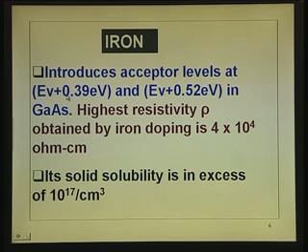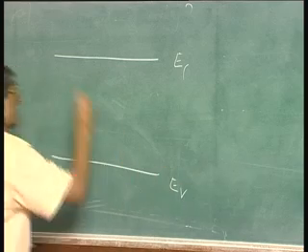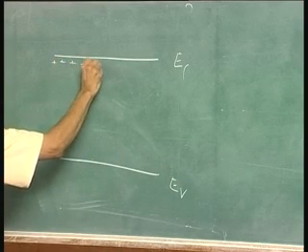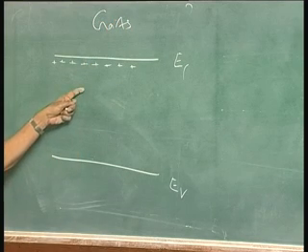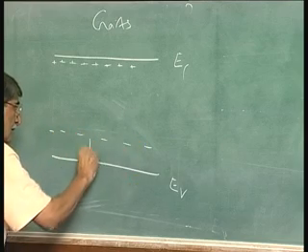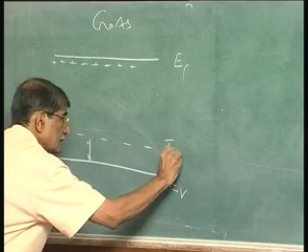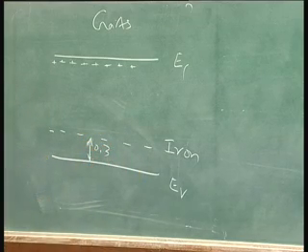Supposing I take gallium arsenide, with EC and EV, I have donors, gallium arsenide unintentionally doped. I introduce an acceptor somewhere here. This is iron. This is how much? 0.39 electron volts.